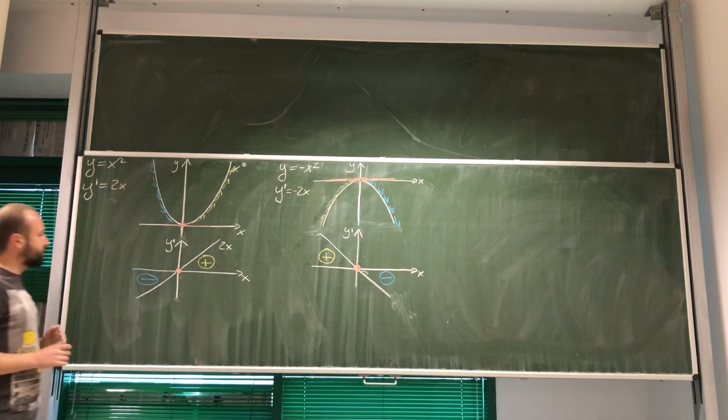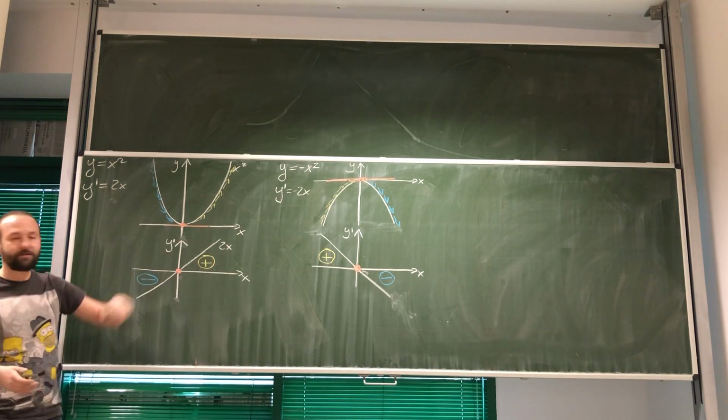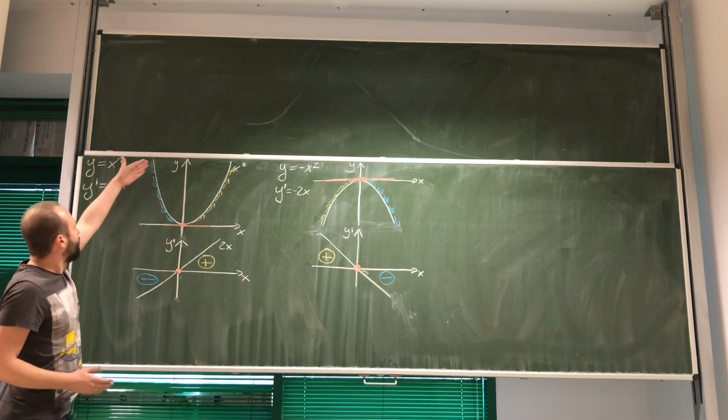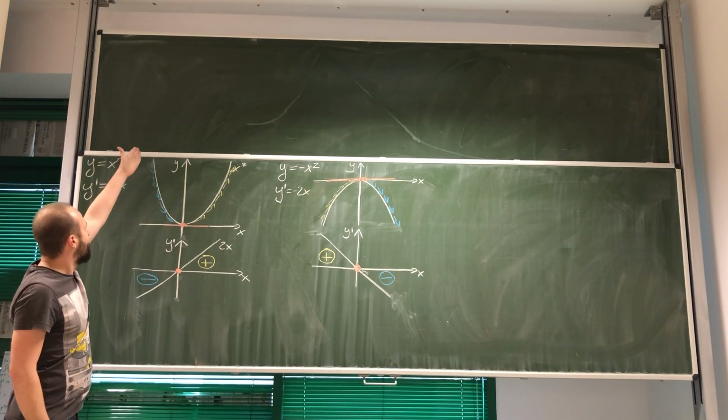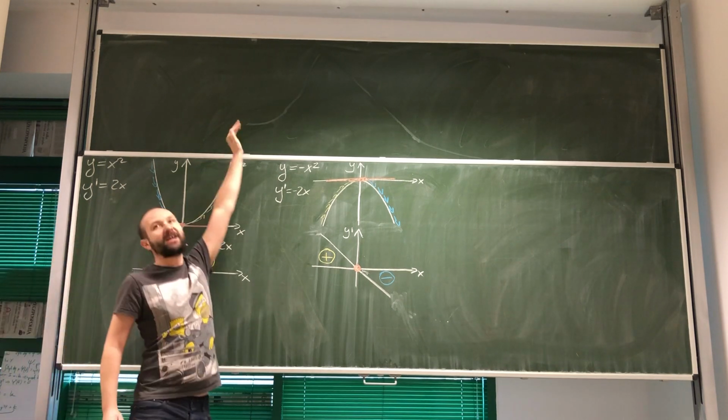But look, we also get an indication of which one is which just by looking at the derivatives. How? Because in order to have a minimum, the function must be first falling, reaching the minimum, and then going up.